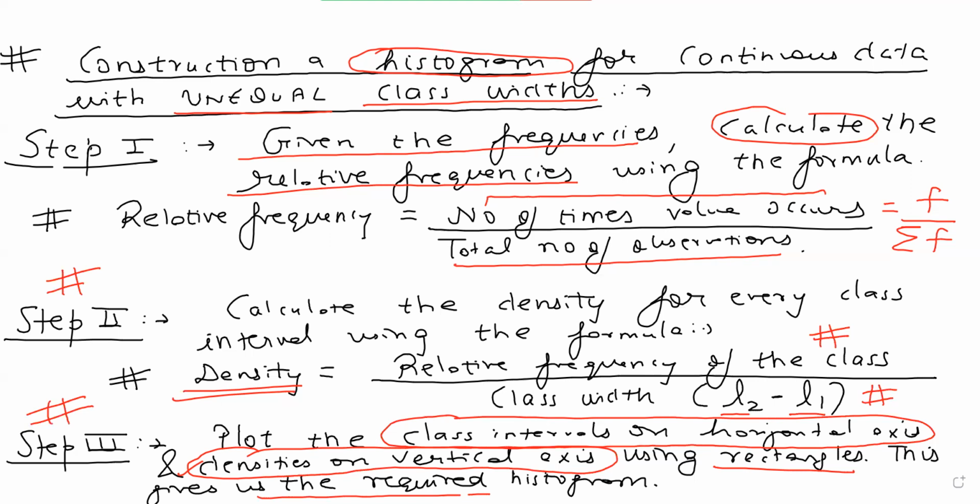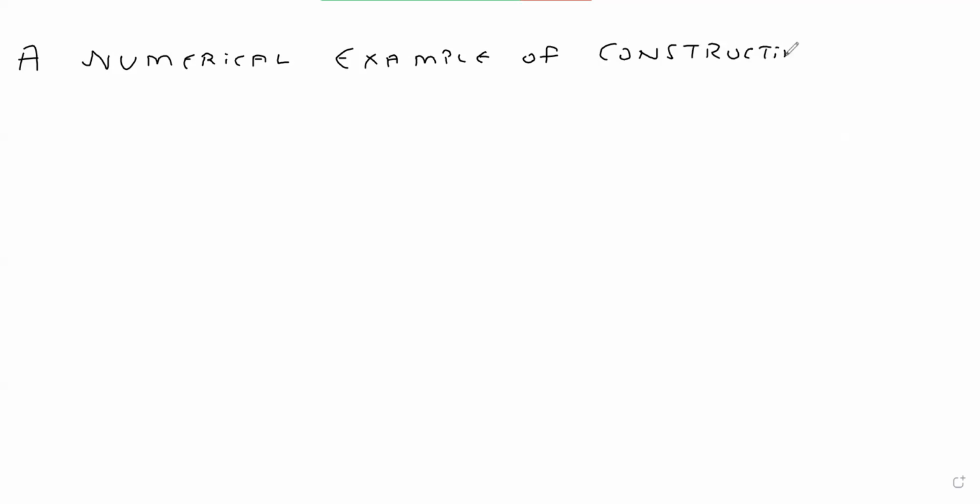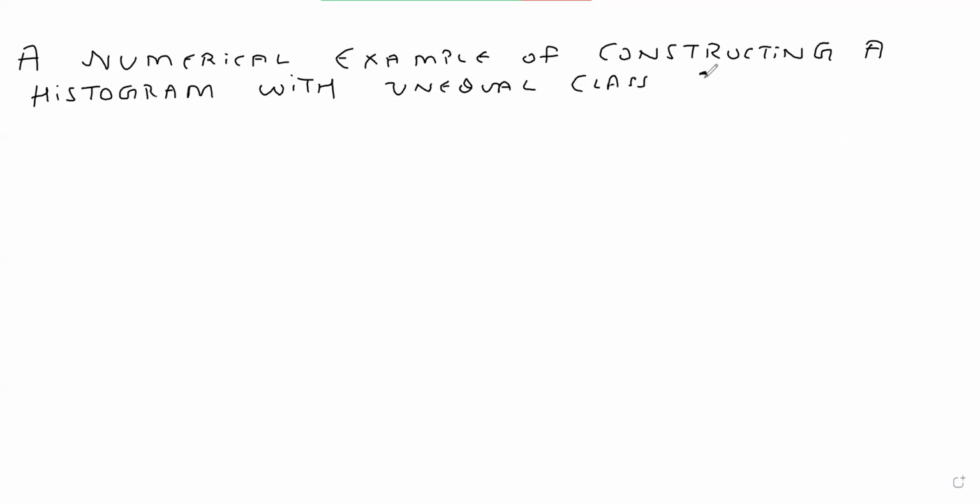So let's quickly start the numerical now. Erasing all this off, let's look at a numerical example of constructing a histogram with unequal class intervals.